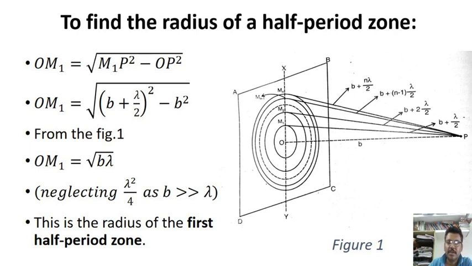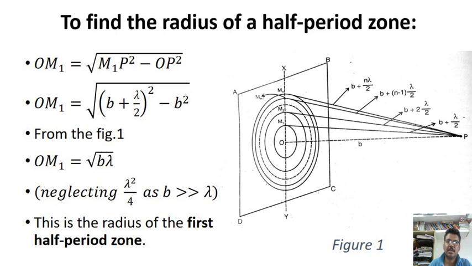Now we come to the first one, OM1. OM1 is equal to the square root of M1P square minus OP square. So what is the radius? We calculate this value. M1P is b plus lambda by 2, whole square, minus OP square, where the distance OP is b.